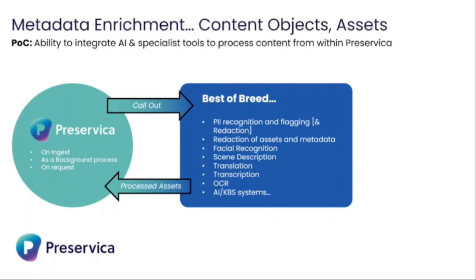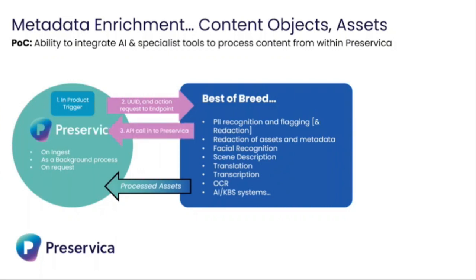And just to talk quickly about how that works within the product. Within Preservica, there's a trigger, and the trigger is currently on ingest, but could be a background process or on request or a scheduled process. Something happens in the product and it calls out to the external system, with the identifier of the point in the hierarchy or the actual asset, and sends to the endpoint that is pertinent to that action request.